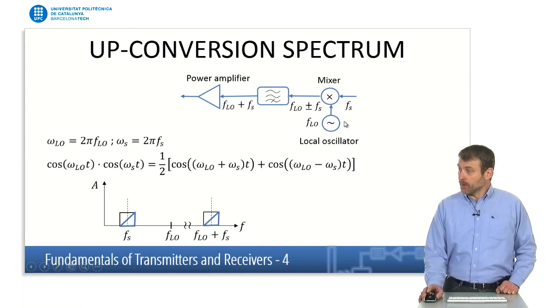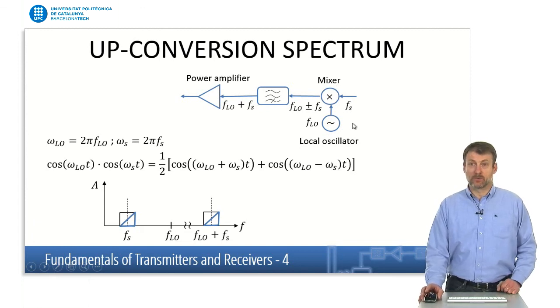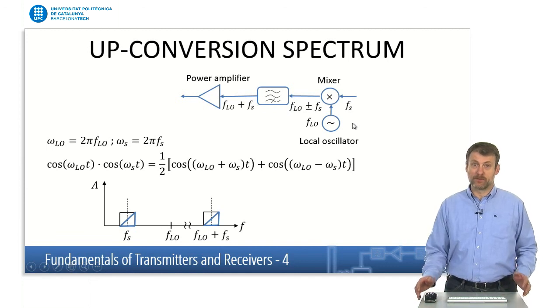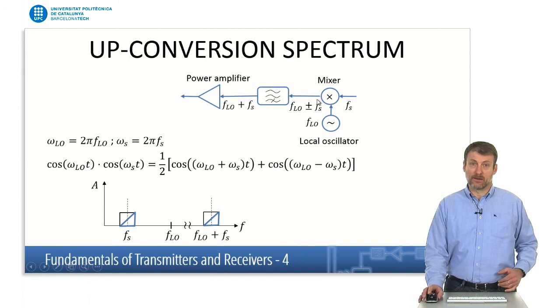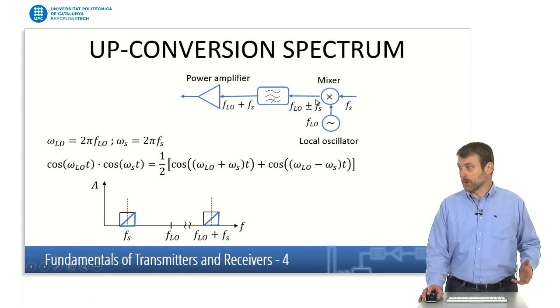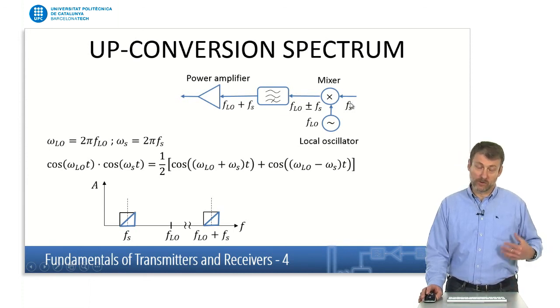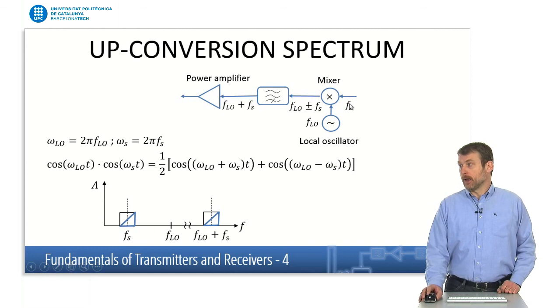Now, despite the mixer symbol, mixers are not multipliers. Depending on the hardware of the mixer, the signal at their output is at least the multiplication of the local oscillator and the signal, but we might also have other components. But as I say, at least we have the product of the local oscillator and the signal.